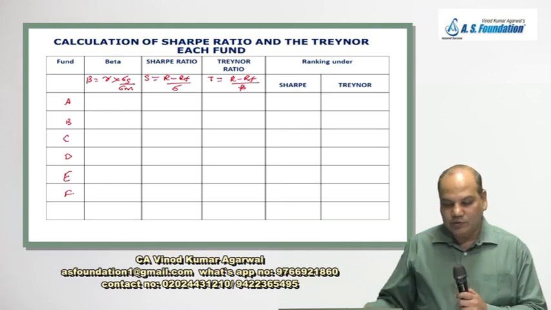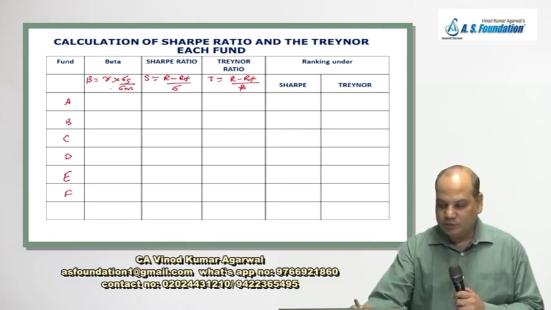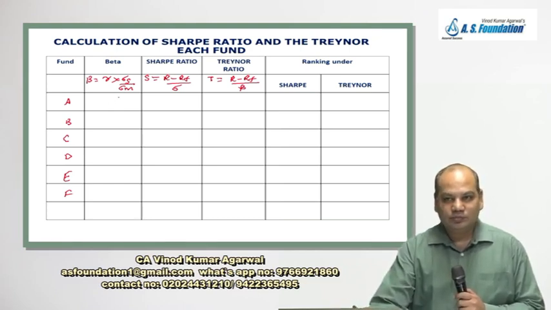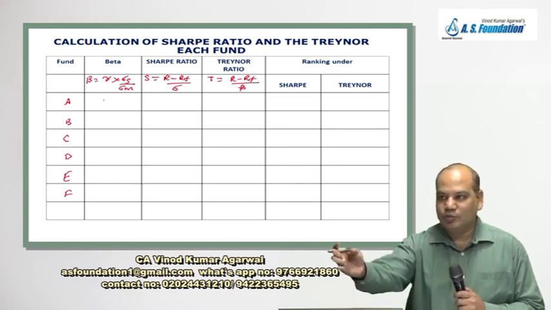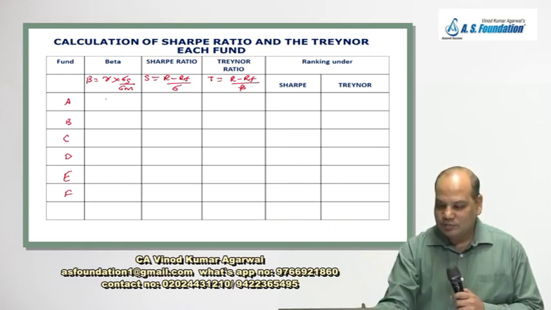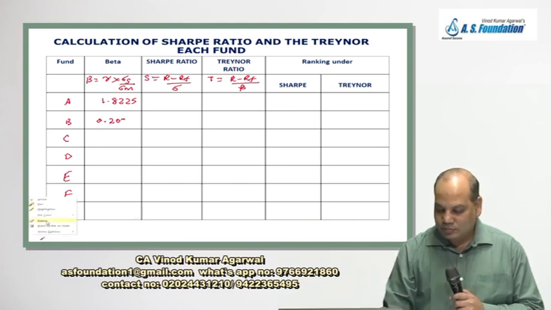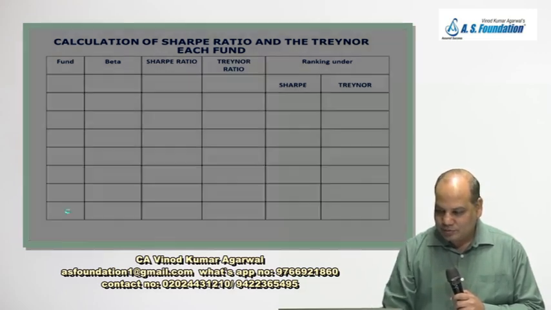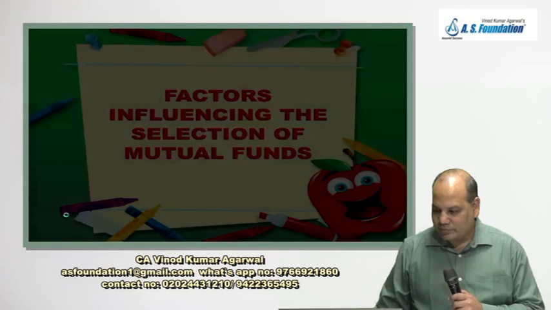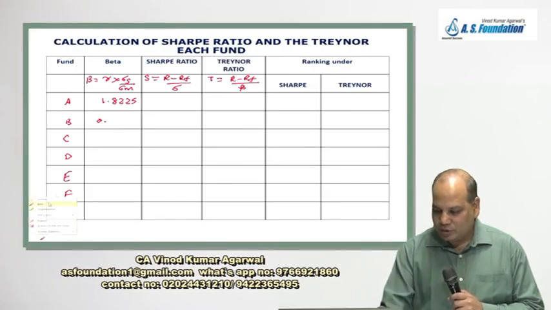Okay, now please answer. Beta of A. 1.8225. Is it right? Next. 0.975. Next. 1.975.